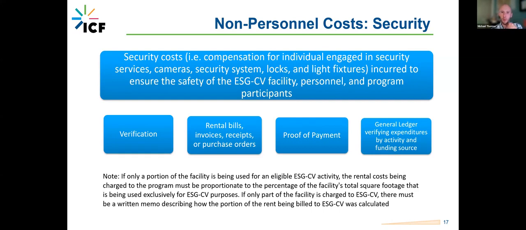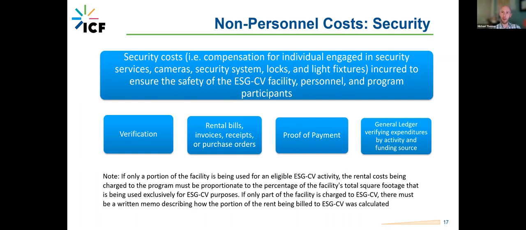Again, note that if only a portion of the facility is being used for eligible ESG activities, then the rental costs being charged to the program have to be proportionate to the percentage of the facility's total square footage that is being used exclusively for ESG purposes. Also, if only part of the facility is being charged to ESG, there must be a written memo describing how the portion of the rent being billed to ESG was calculated, and that proportion should be consistent with what you're charging for security and for other things that we've talked about throughout this presentation.